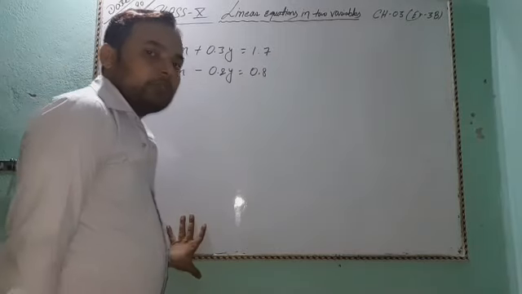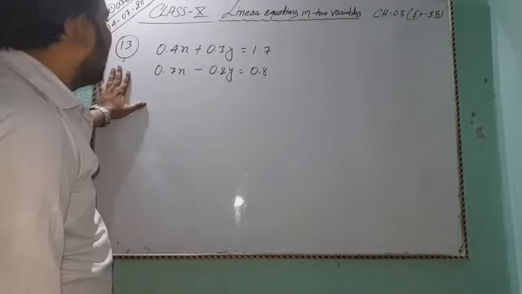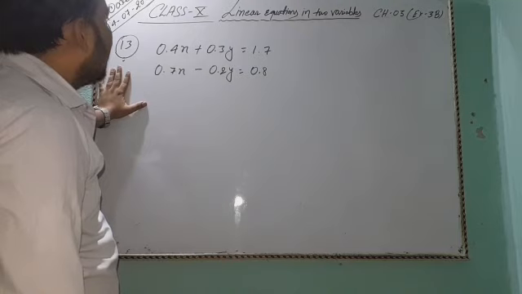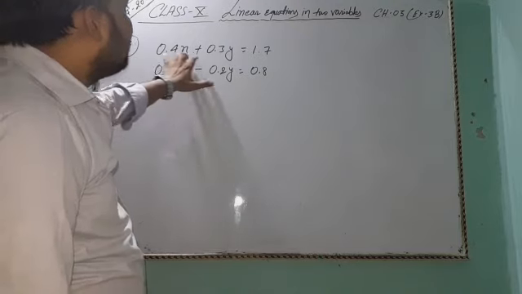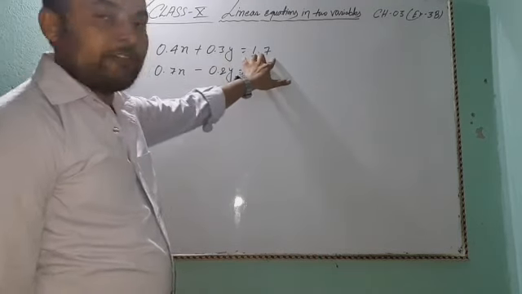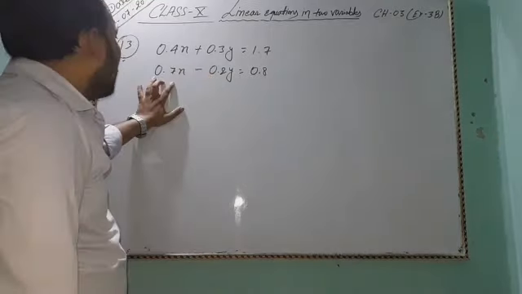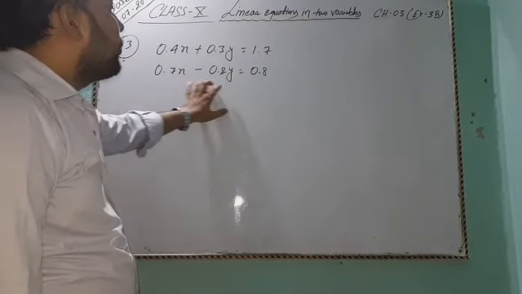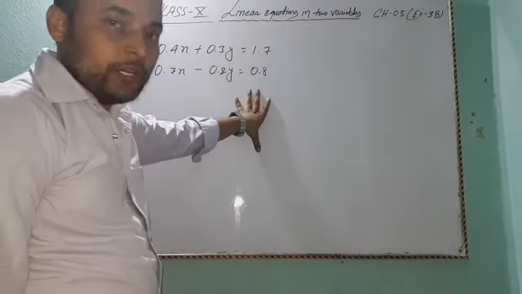Okay friends, next question number 30. Given system of linear equations is 0.4x plus 0.3y equal to 1.7 and 0.7x minus 0.2y equal to 0.8.